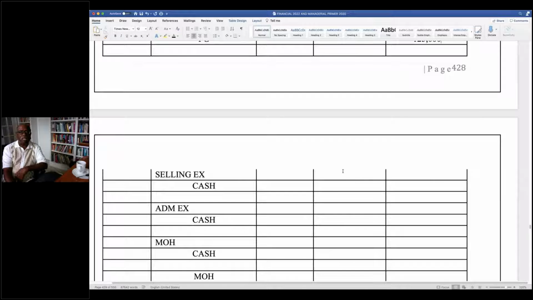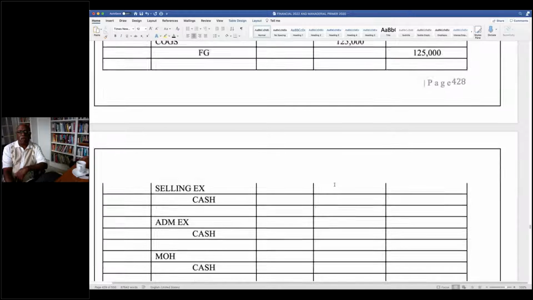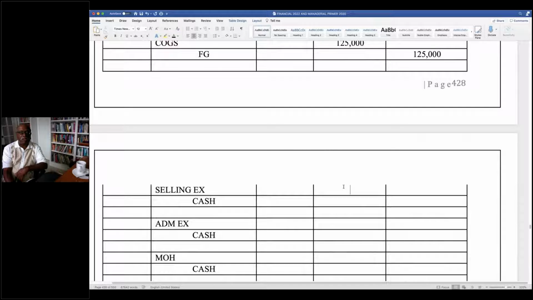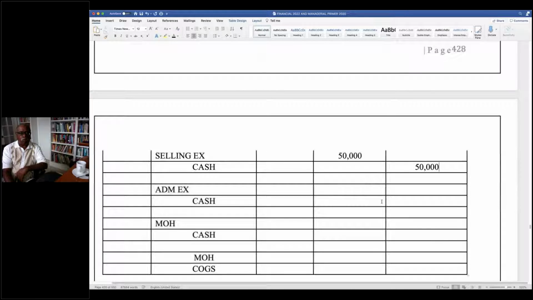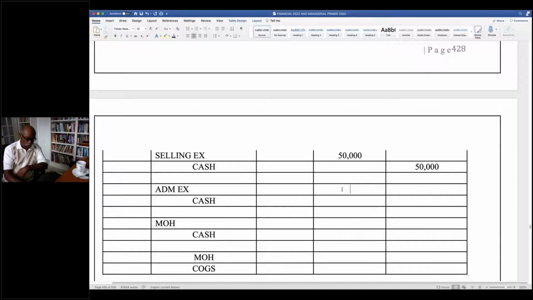So we're going to debit selling expenses 50,000 and credit cash 50,000. Then for the admin expenses, it tells us above that it's $75,000. So we're going to debit admin expenses for 75,000 and credit cash for 75,000.